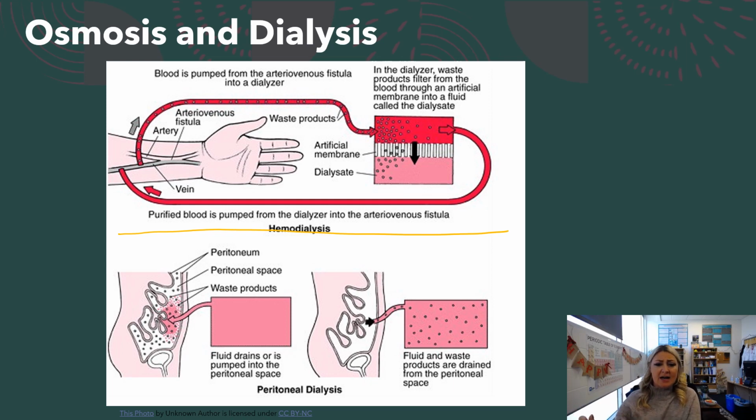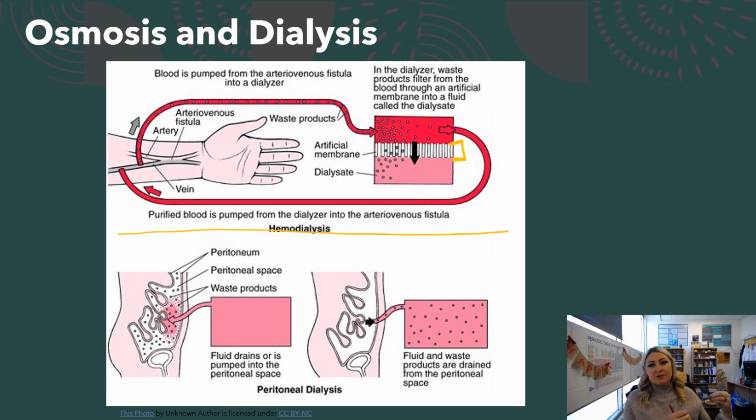And what you're doing is you're extracting blood. So you're running blood through a tube and it goes into a dialyzer. And in that dialyzer, you have an artificial membrane that is working just like that dialysis tubing that we saw on the previous page. And it's going to filter smaller molecules like glucose, amino acids, urea, ions, water from the blood.